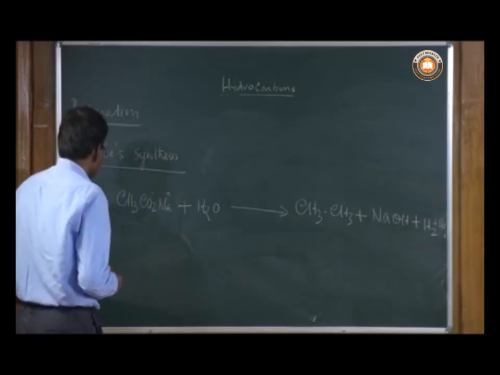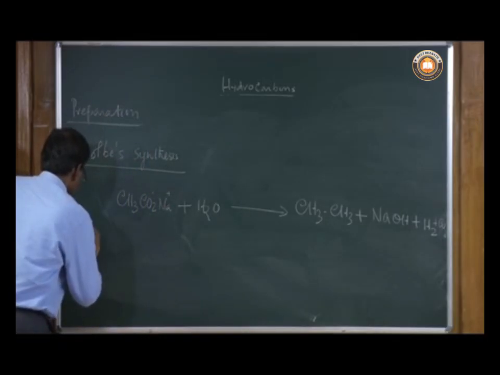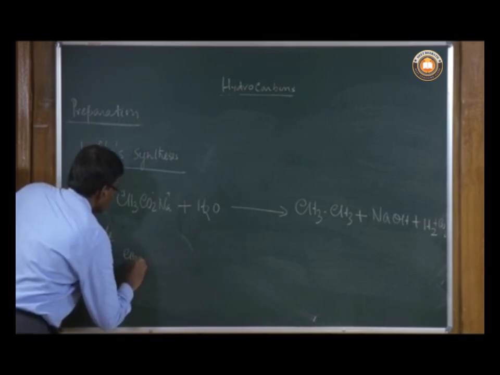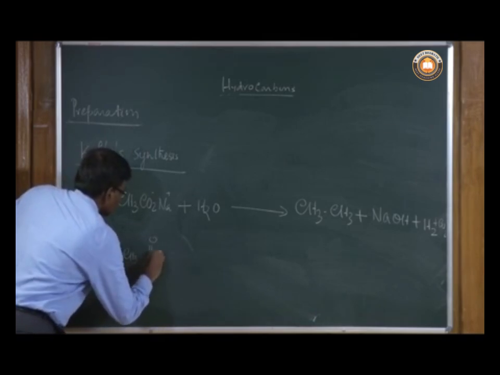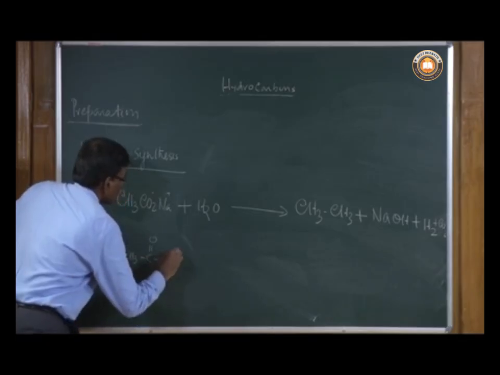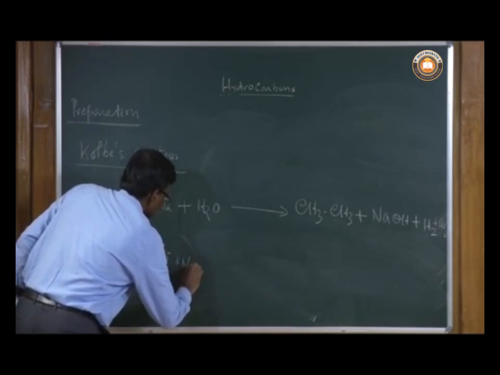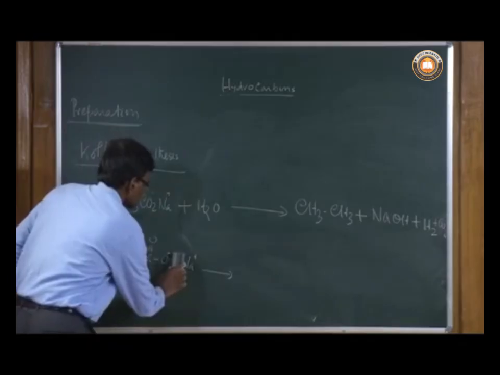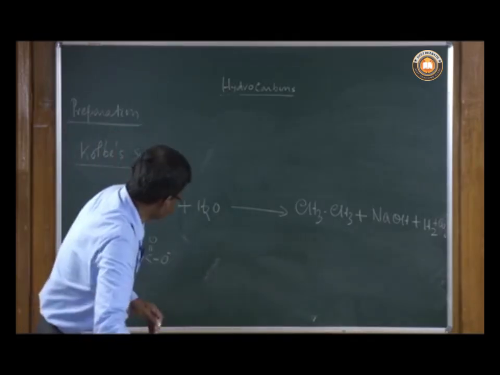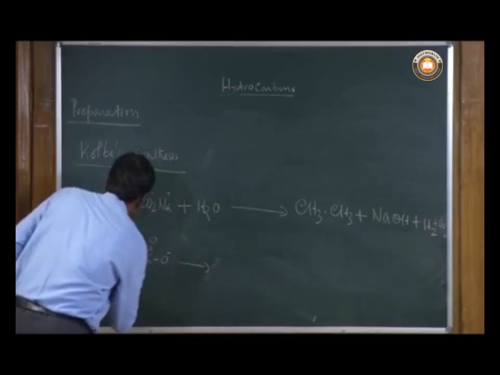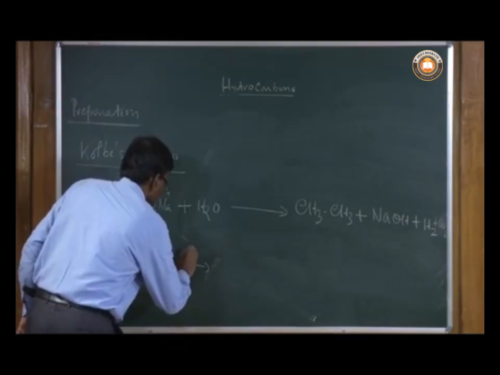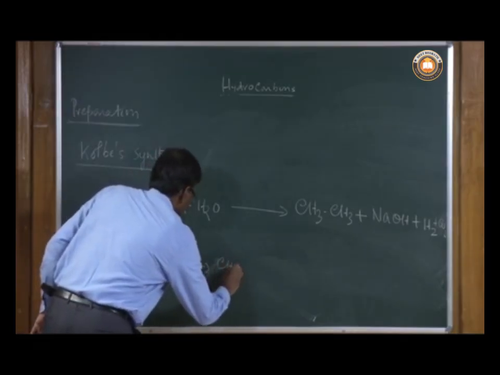How does the reaction take place? At the anode, if you take sodium acetate, it can lose two electrons, and you generate the radical.